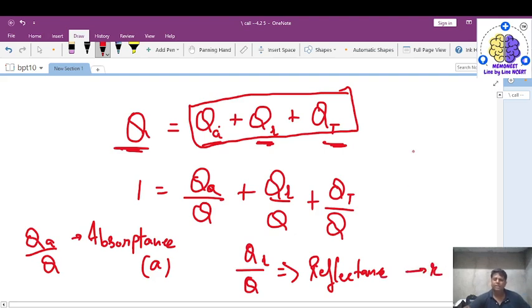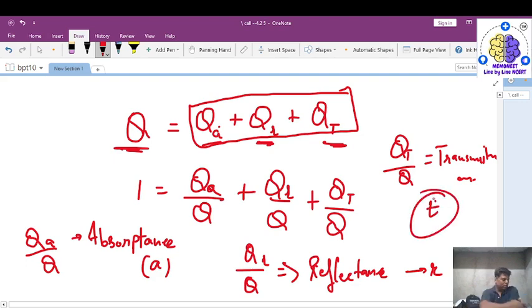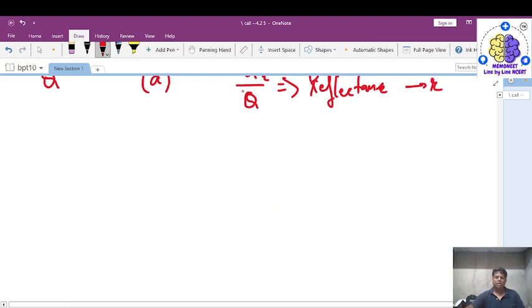Then QT upon Q is known as transmittance and is represented by small t. So absorptance plus reflectance plus transmittance is equal to 1, right?